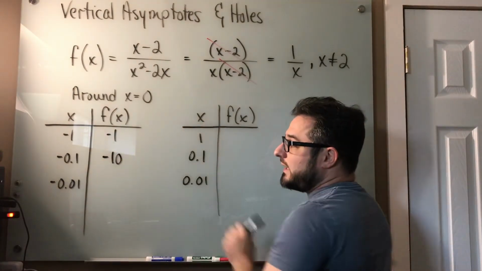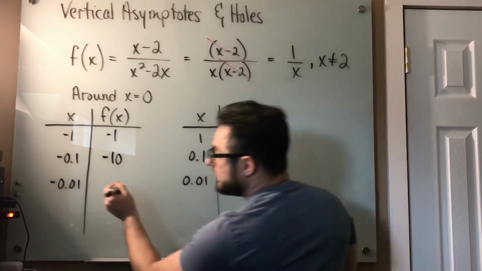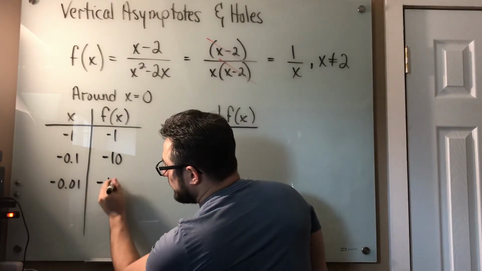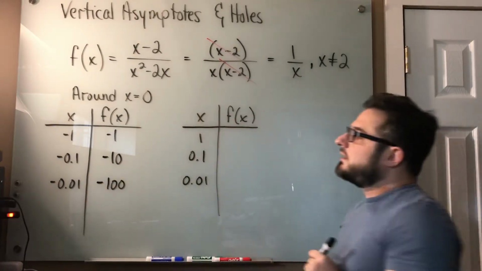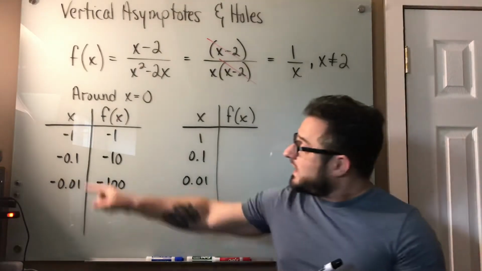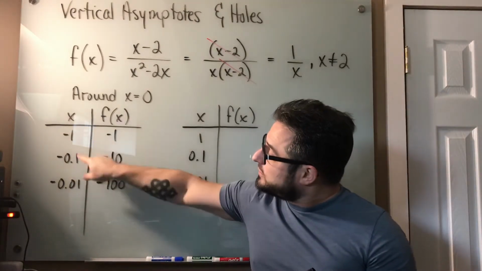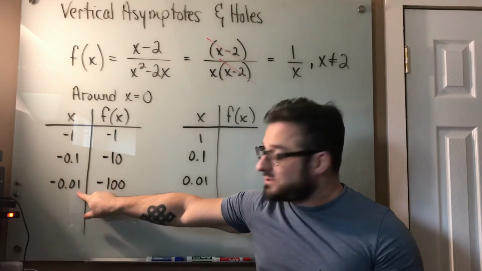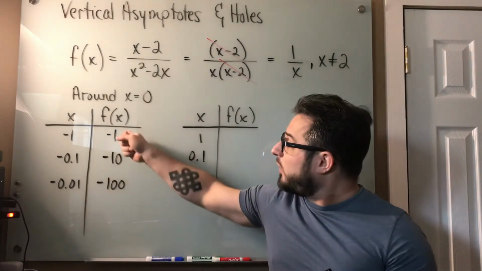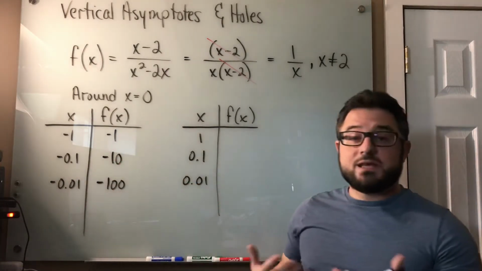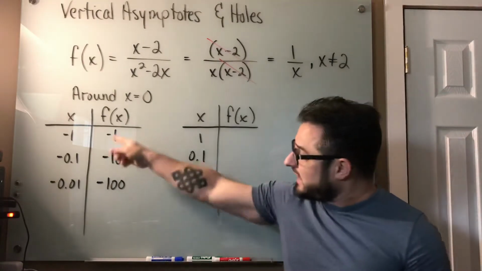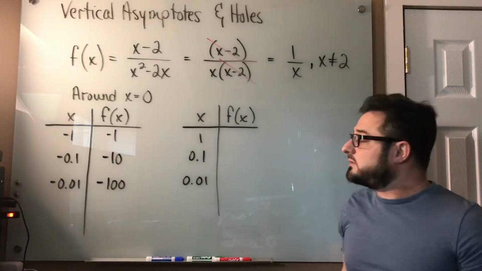And when x is -0.01, we should get -100. What we see here is that as the x value gets closer to 0 and then even closer to 0, the y values are actually getting larger and larger, negative, but larger in magnitude.